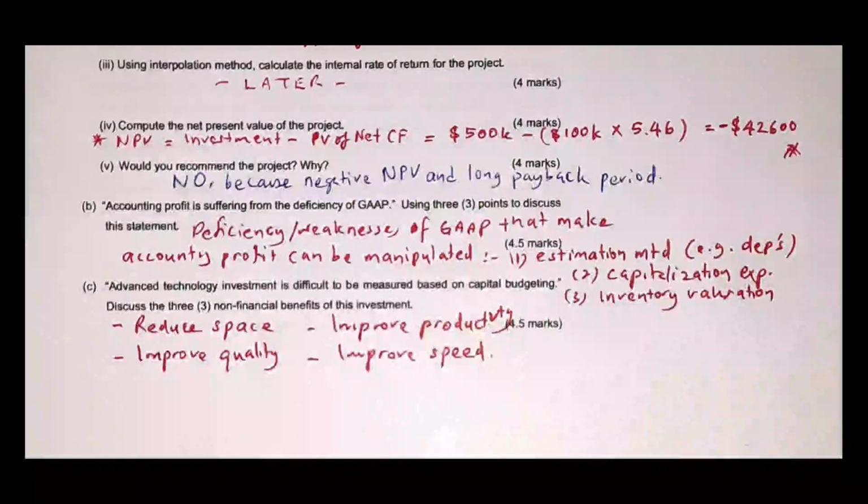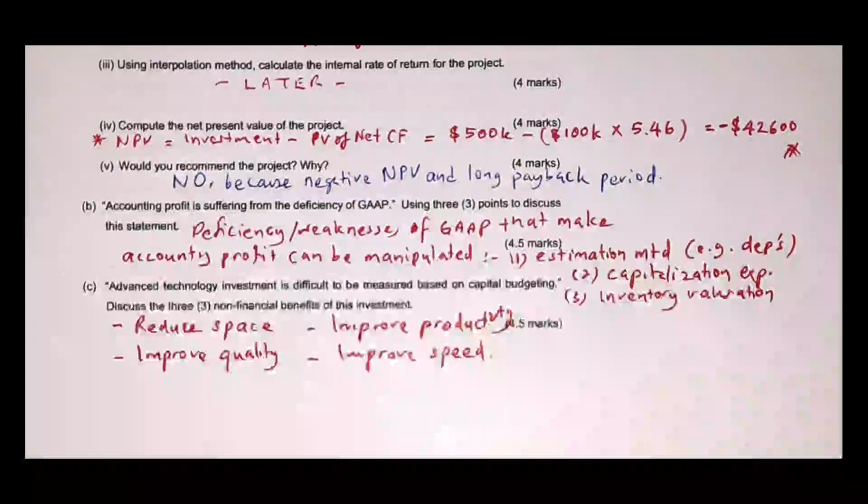So the thing that you can do to answer this question is like this: deficiencies or weaknesses of accounting standard that make accounting profit can be manipulated are 3. First, estimation method. So the GAAP or accounting standard allows companies or businesses to use several estimation methods.